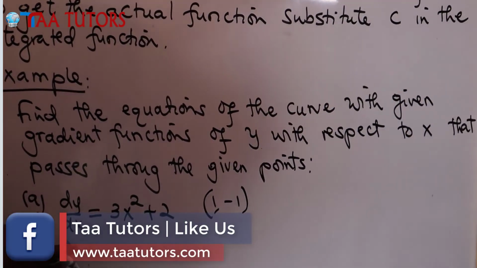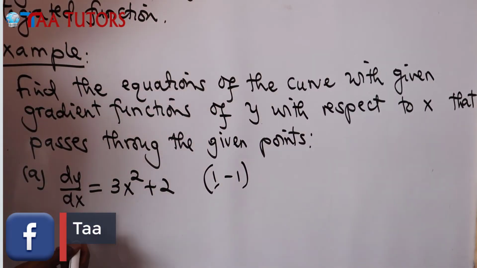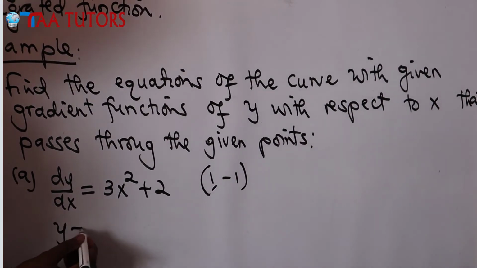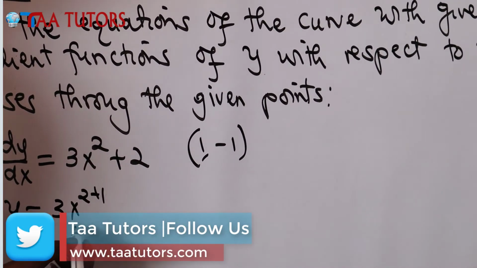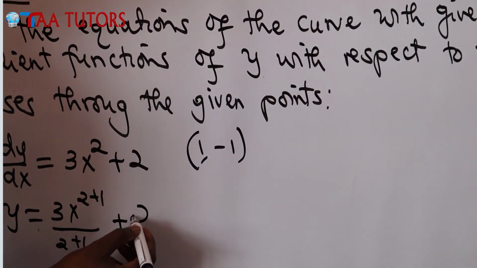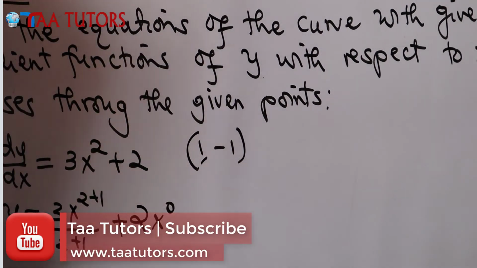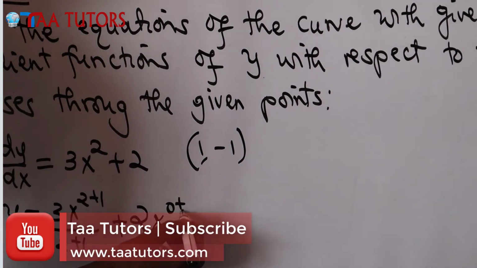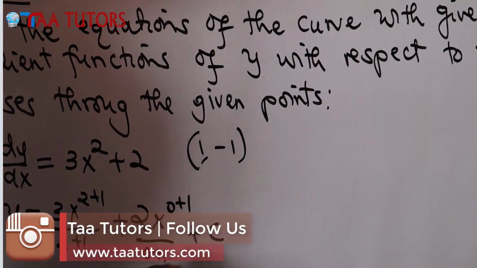We say that this is dy/dx, and it passes through this point. The first thing, I want to get y, where y is going to be 3x squared, we add 1, over 2 plus 1, plus 2, a constant, which is the same as 2 times x power 0, then plus 1 over 0 plus 1, then plus c.